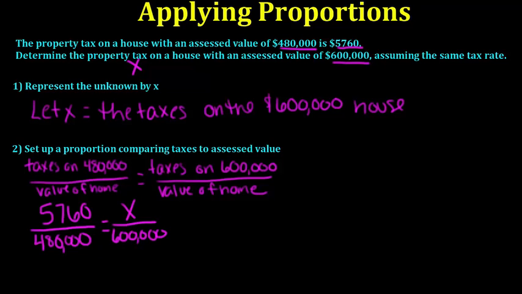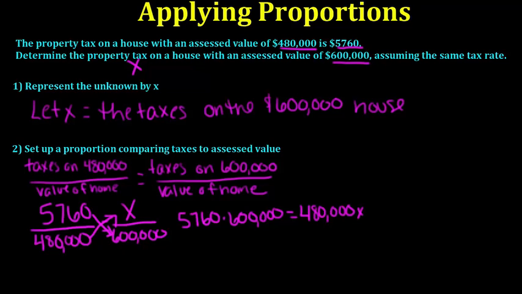To solve this, we just cross multiply top left to bottom right. So 5,760 times 600,000 is equal to bottom left to top right, 480,000 times x.